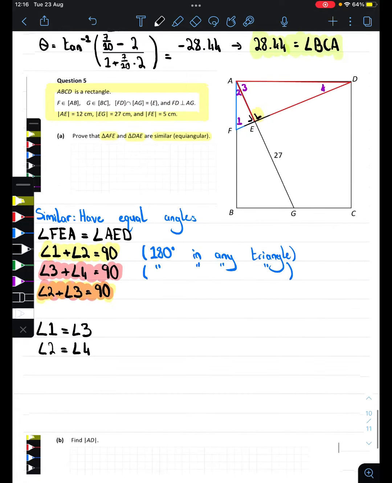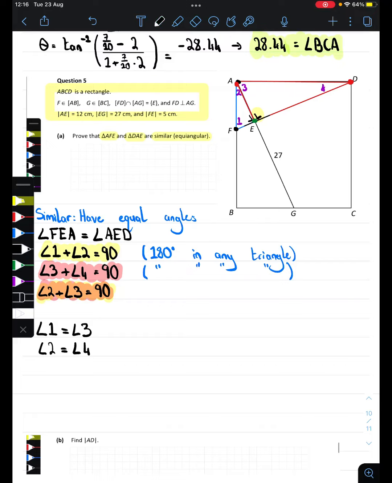So we've shown that this angle is equal to this angle. We've shown that this angle here on the little triangle is equal to this angle on the big triangle, and we've shown that they both have right angles here.